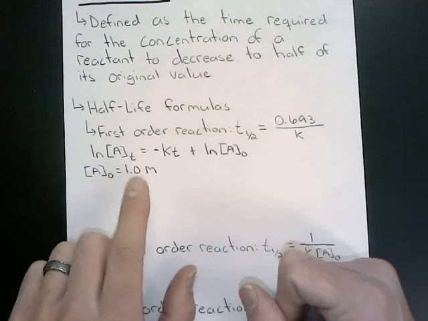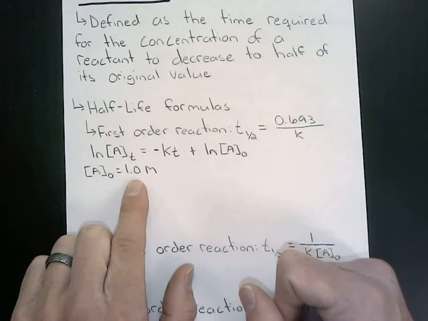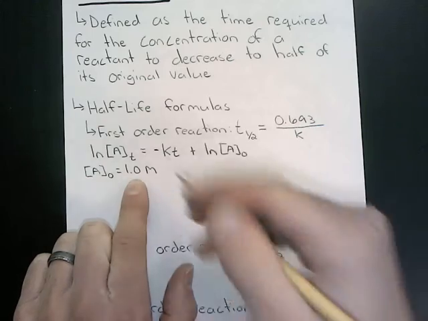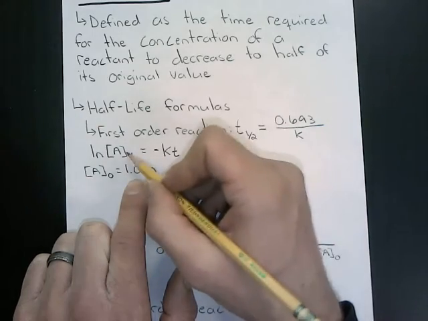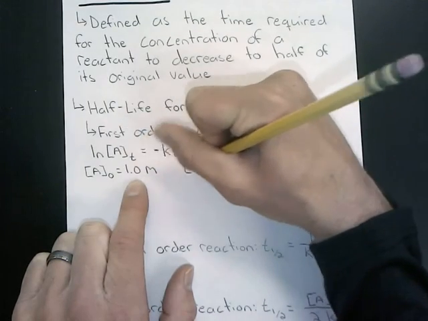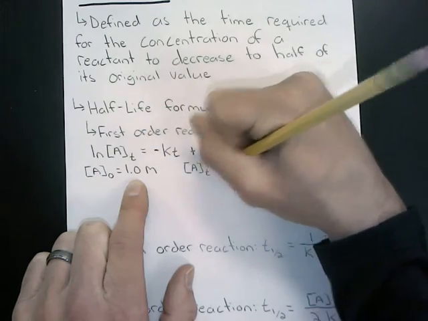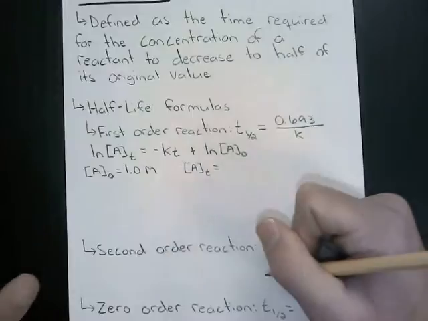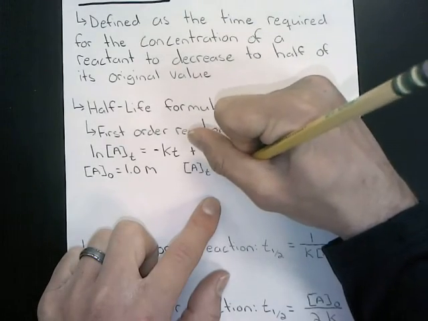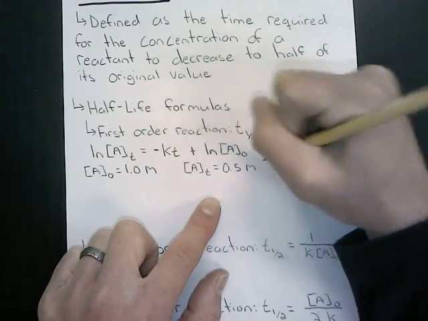Well, if we decrease to exactly half, then our concentration at the half-life would be 0.5. So the concentration of the reactant after a half-life would be 0.5 molar. Okay?